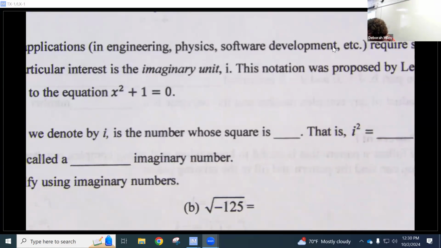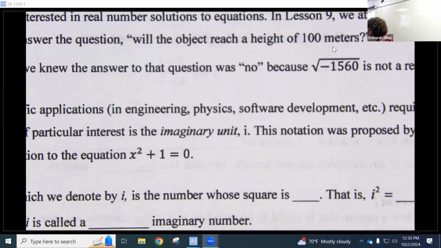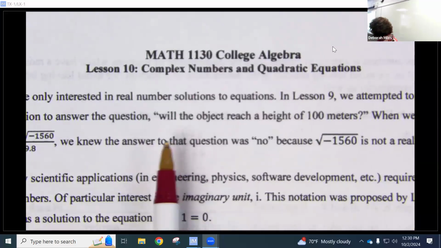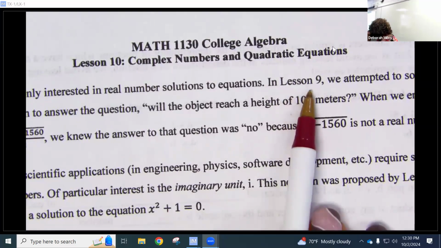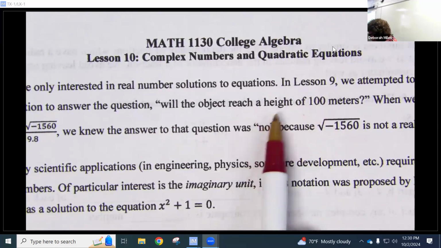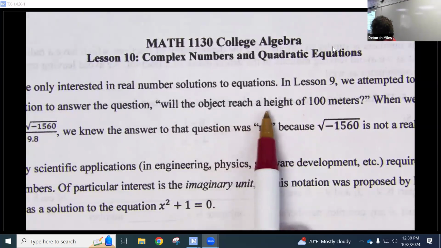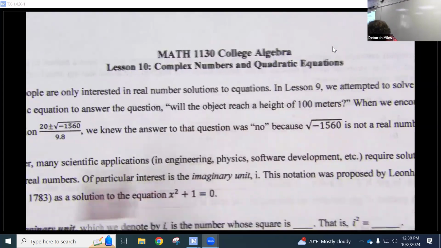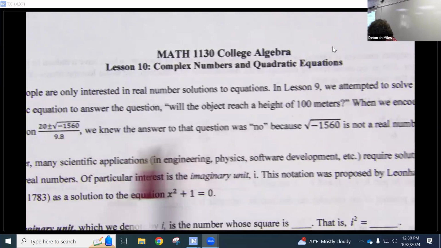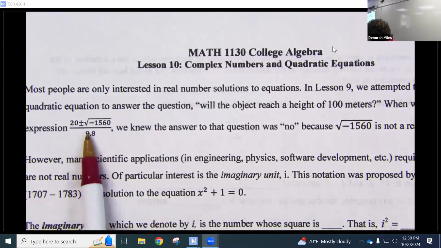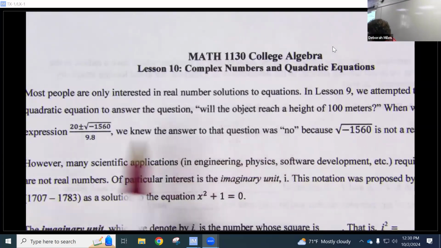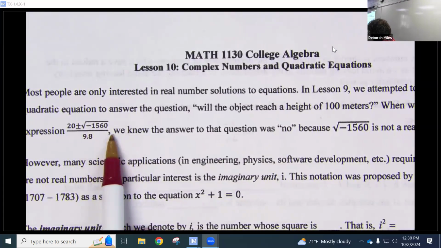So let's see what we can do on lesson 10. Let's talk about numbers that aren't real numbers. That last problem that we just did, the question, when will the object reach a height of 100 meters? When we plugged and chugged and got right here, we knew that the answer was no, it's not going to reach 100 meters because this is not a real number.